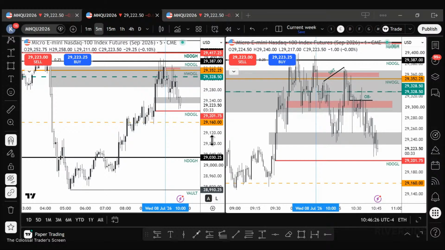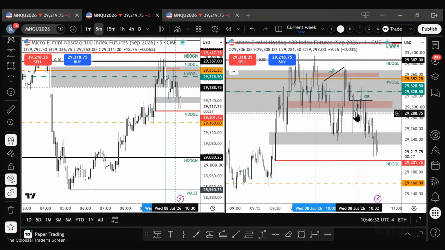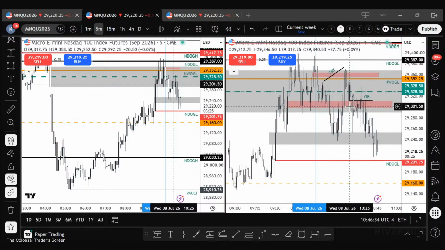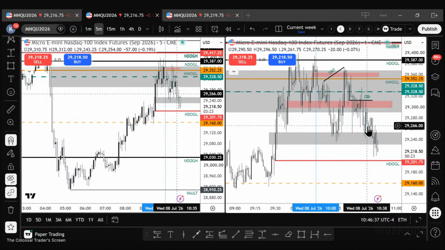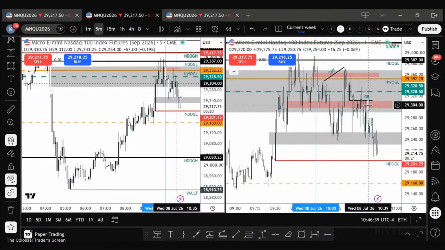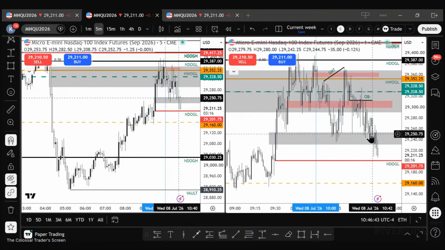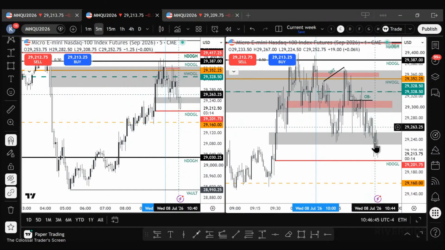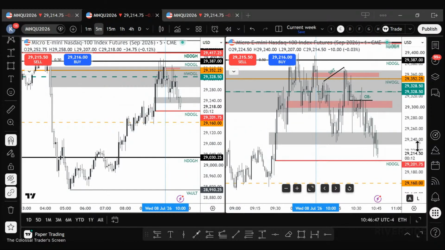I like how sponsorship, you want to see up close candles.